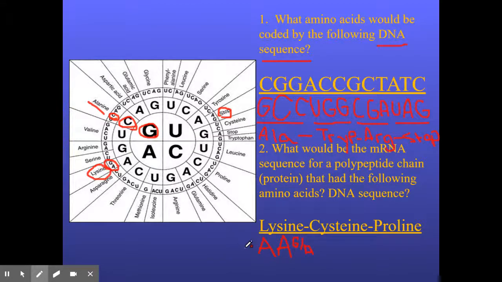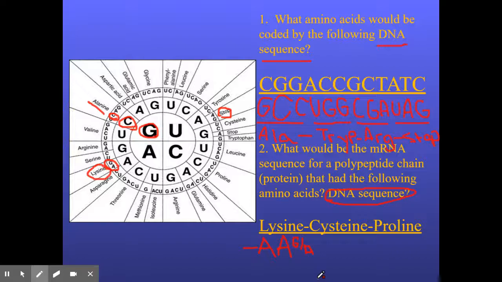But is this the DNA sequence like it asked you? What sequence are we coding here? What sequence would that be coded? So we know that it has to be an A, and a G or A. But what is this sequence? Is this DNA or mRNA? mRNA, right?